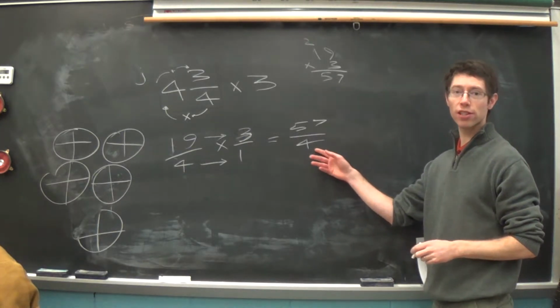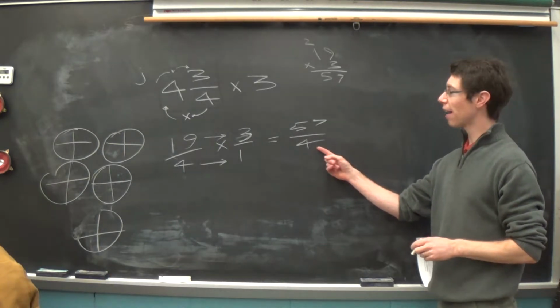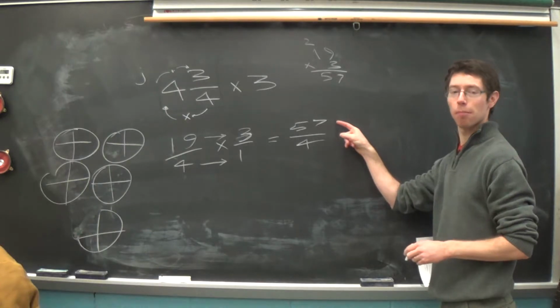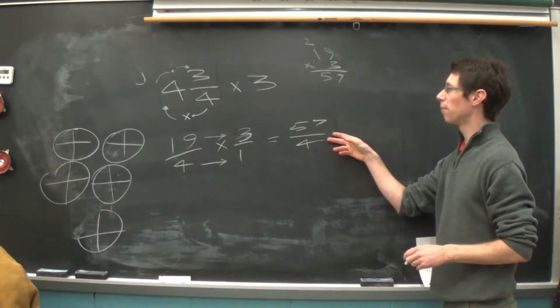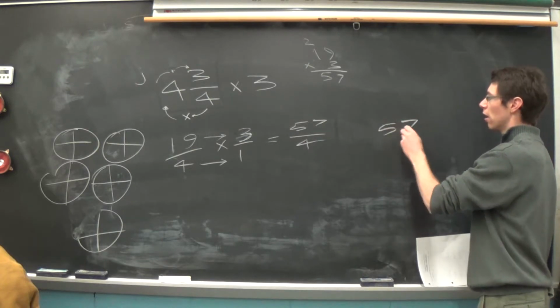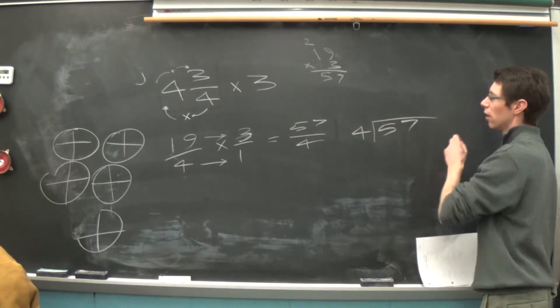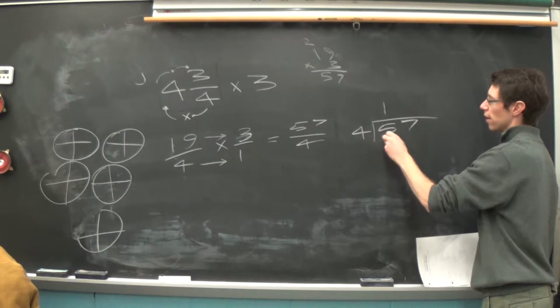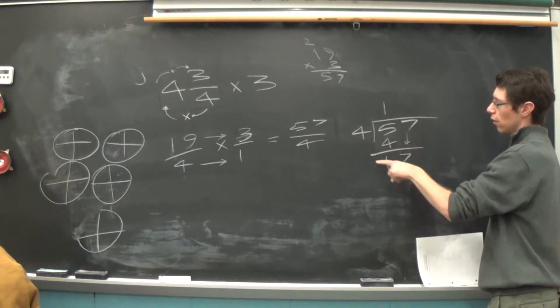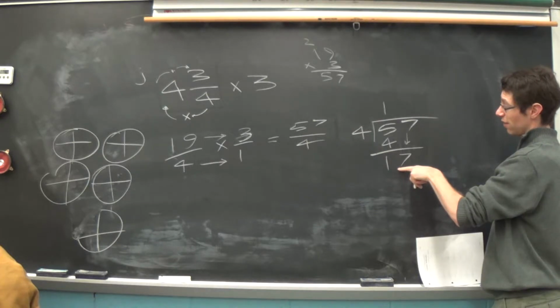Of course, that's expressed incorrectly. To get that from the improper fraction that it is to a mixed number, we need to divide. So 57 divided by 4. Let's see, 4 goes into 5 once, that's 4. 5 minus 4 is 1, drop down to 7. 4 goes into 17.